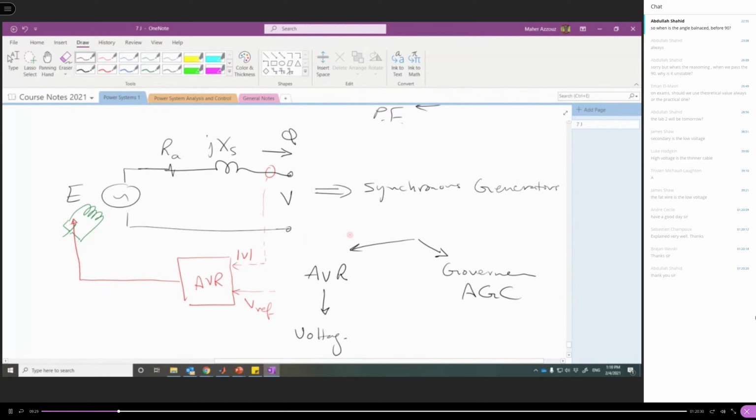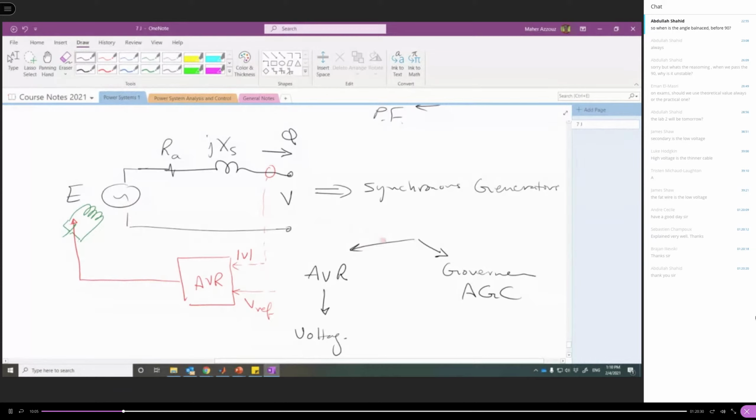If we take the controllers into account, then this circuit, this linear circuit, a voltage source behind an impedance, cannot be used directly in our steady state analysis, because those controllers are active 24/7. They are operating all the time, regulating the voltage, regulating the power of the machine to keep the frequency constant.